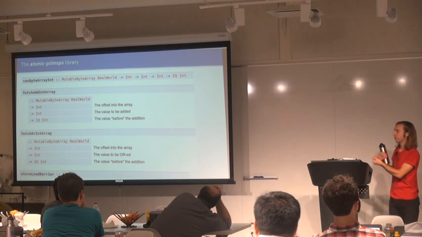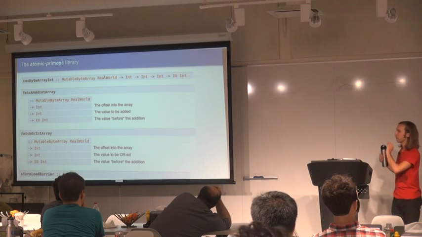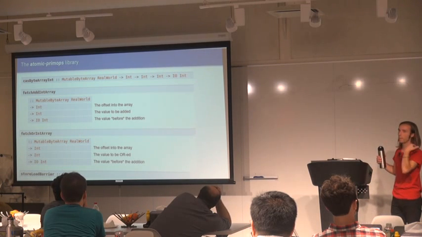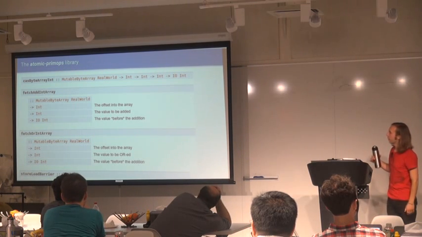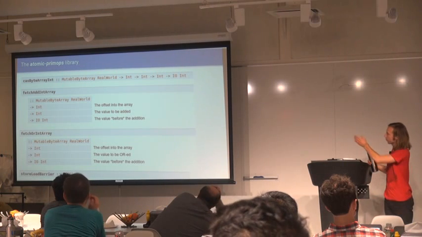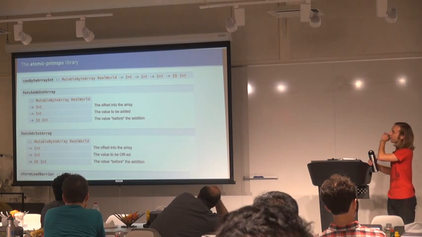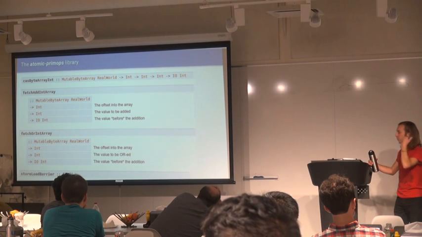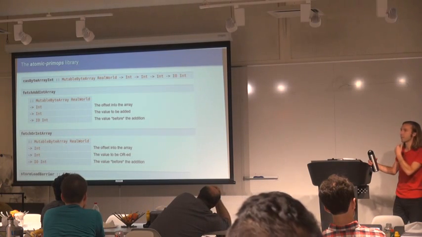If the value you expect matches, it'll atomically set. Otherwise, it will not, and it will report that back to you in some way. So if you're using that on an operation that you need to succeed, you will need to use that in a loop and keep retrying until it succeeds.